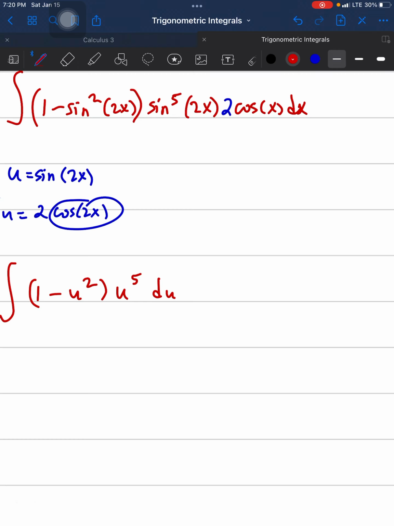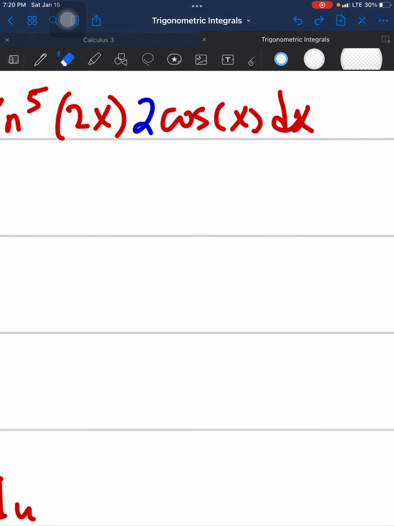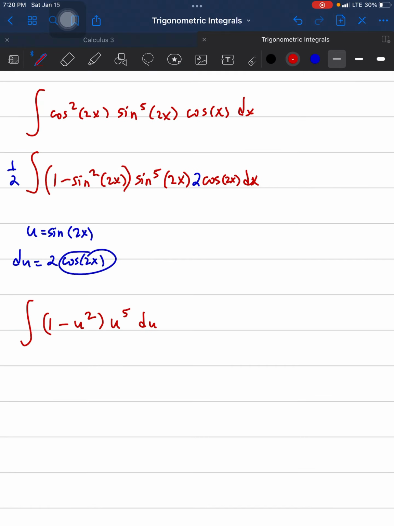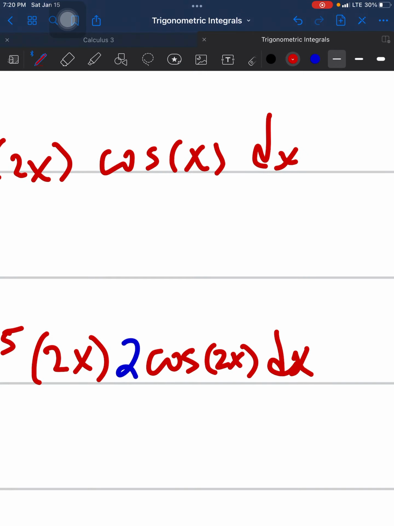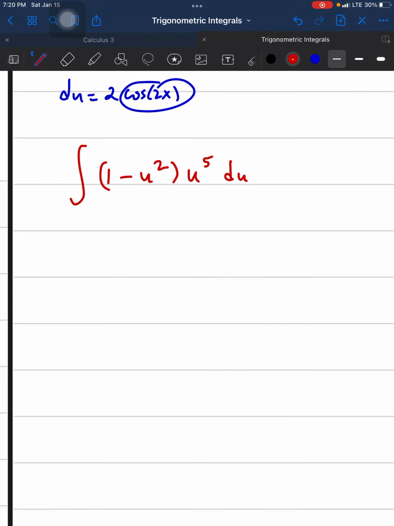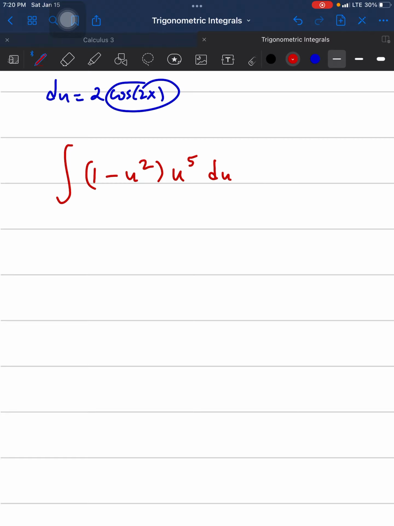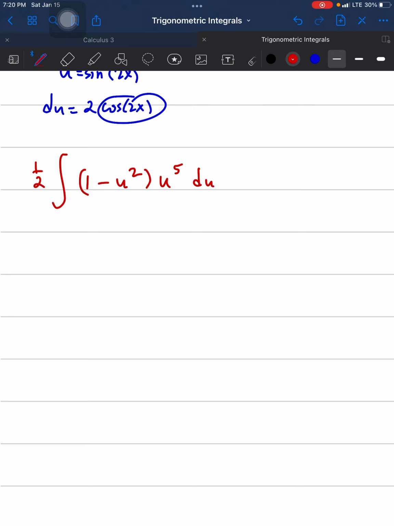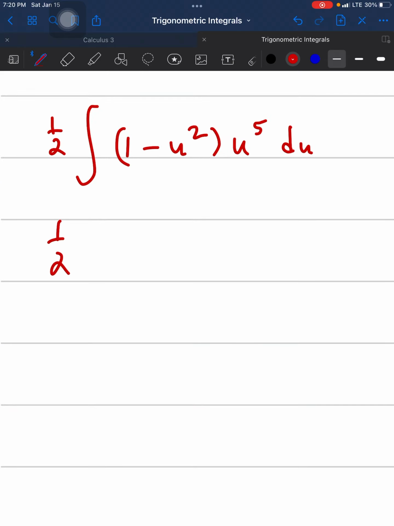And du, we know, is 2 cosine 2x, and we made that right there. Oh, I forgot the 2x over here. This is supposed to be 2x, not x. This as well, that's not x, this is 2x. So now that we have everything substituted, and there's a 1/2 outside too, we can continue with our integration.